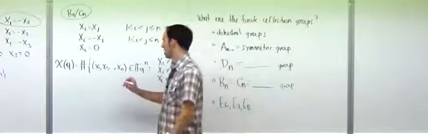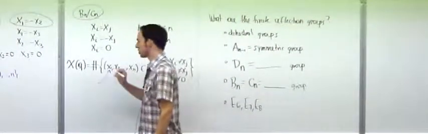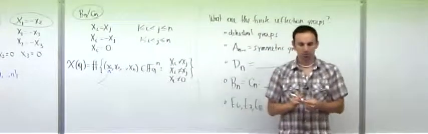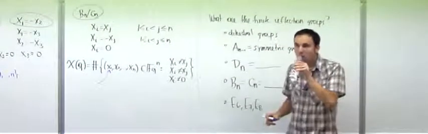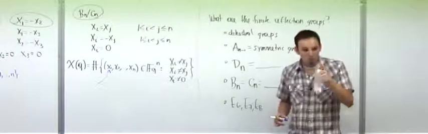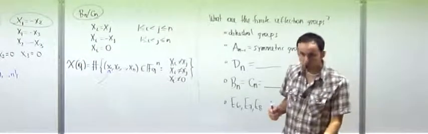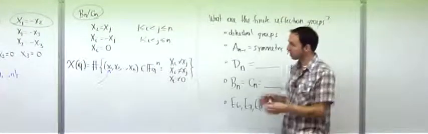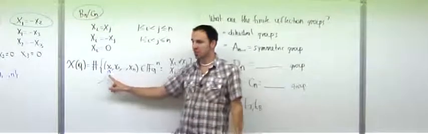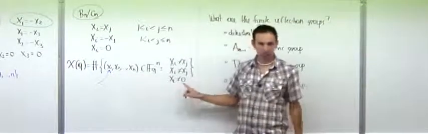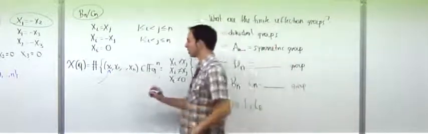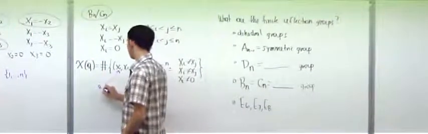Well, how many choices do you have for the first coordinate? It's q minus 1, right? It's q minus 1 because you get to assign any number between 0 and q minus 1 except that you better not use 0. So here you have q minus 1 choices.